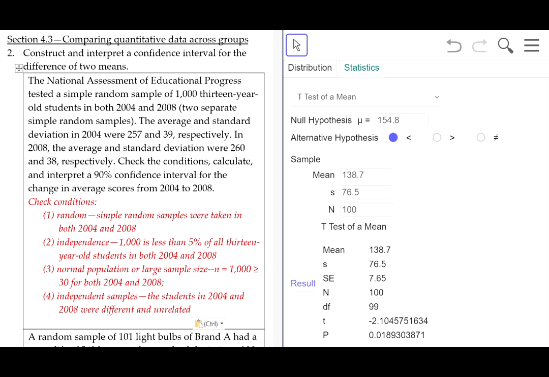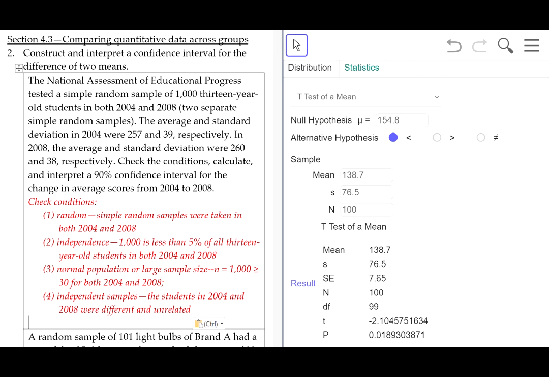We need independence. The sample size needs to be less than 5% of the population size. We can be confident that 1,000 is less than 5% of all 13-year-old students in both 2004 and in 2008. Third, we need a normal population for each group or large sample sizes. Our sample sizes are 1,000 in each group.